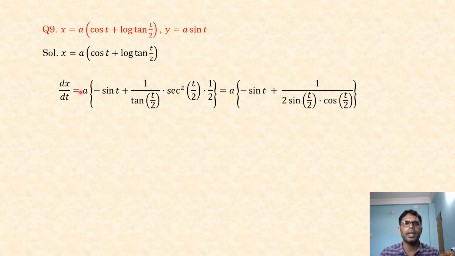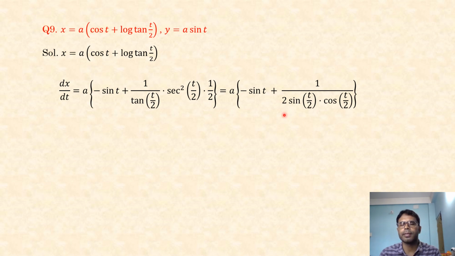So a as it is, minus sin t as it is, plus this one. Sec square means 1 by cos square, and cot means cos by sin. So cos by sin into 1 by cos square, one cos will cancel, so sin into cos remains, and this 2 is already there.